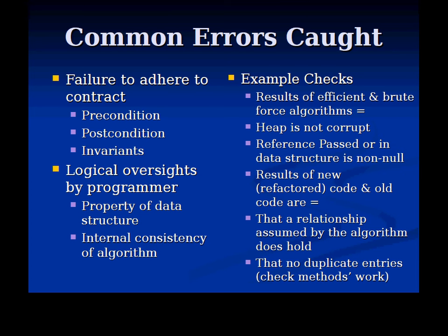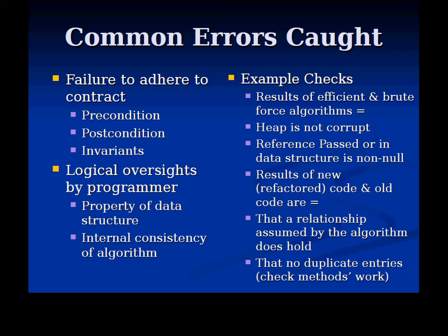So common errors caught by assertions. Examples are here. If the heap is corrupt, there's some logical problem in your program. If there's a precondition violated, you say, in order to call this method, you need to give it a non-null value for its first argument.